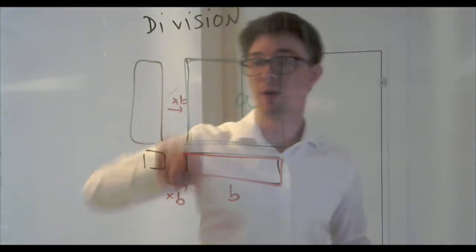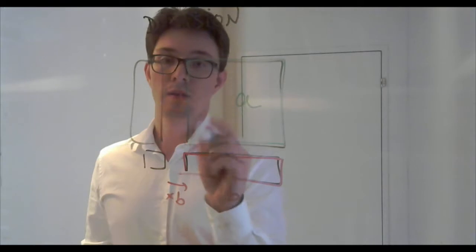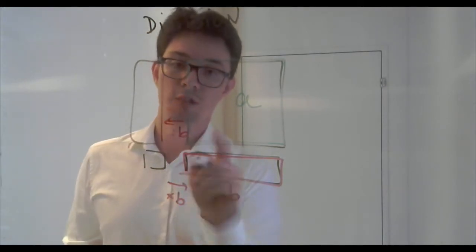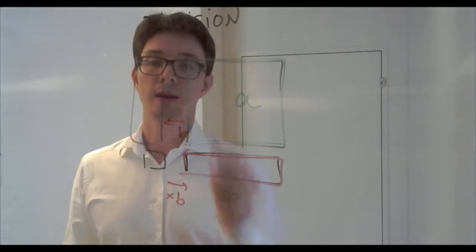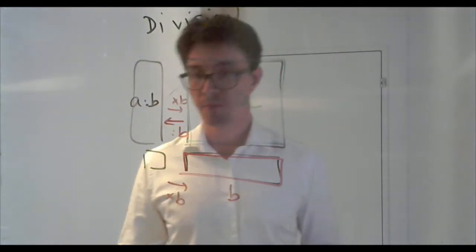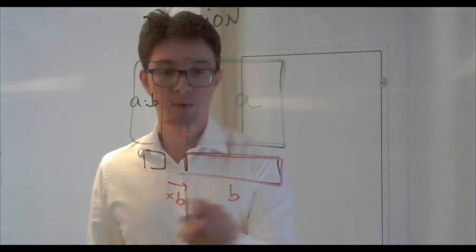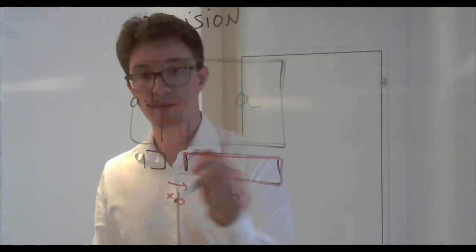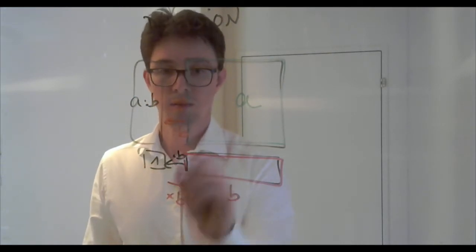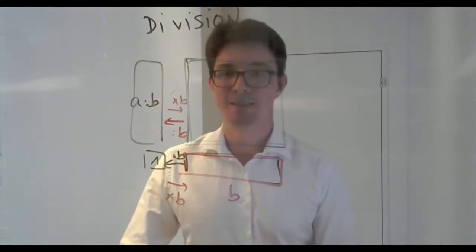So if you go the other way around, in this way this would be division by b, we get a divided by b. And quite naturally we also get b divided by b gives a 1. Everything is quite natural here.